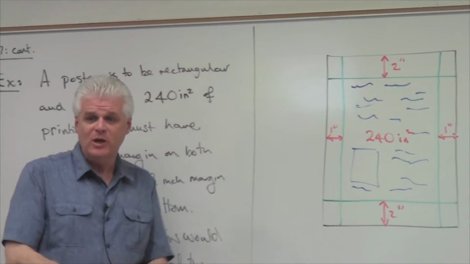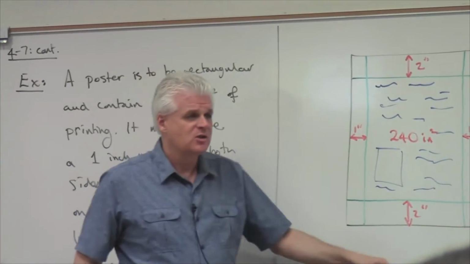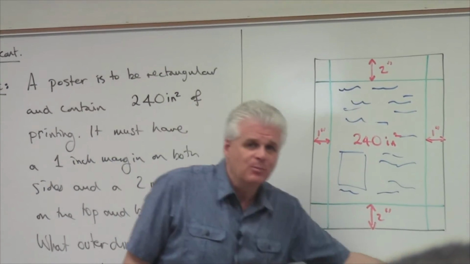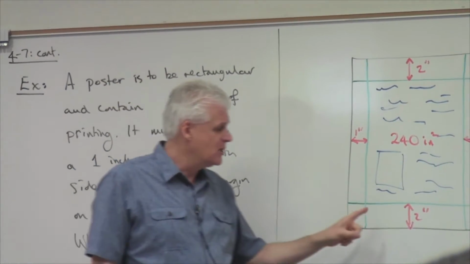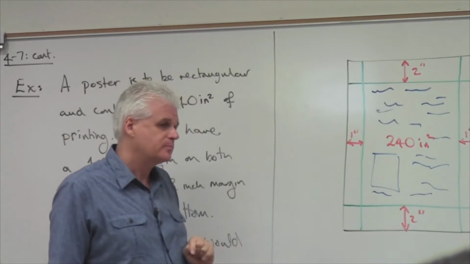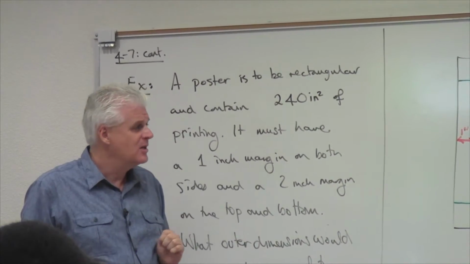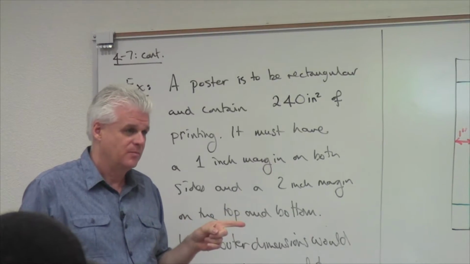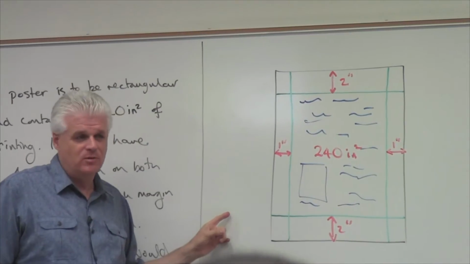Okay? There's 2 ways you can tag those. You could tag the width and the height to be the width of the whole paper and the height of the whole paper. That's fine. Or you could tag it to be the width of the printing and the height of the printing. I've done it both ways. I tend to favor the second option because it makes the constraint relatively easy to write down.